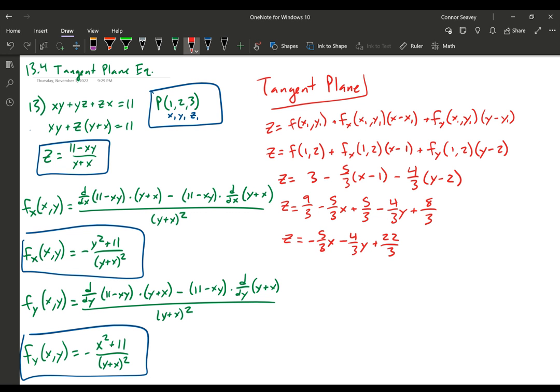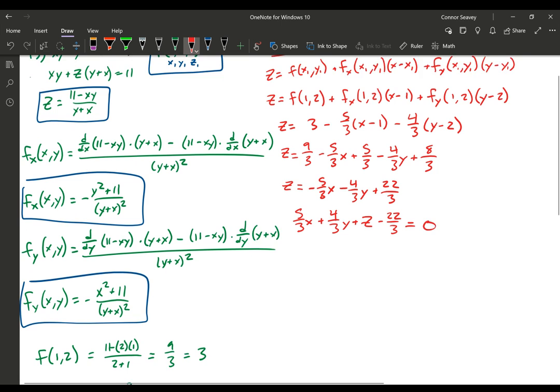And so to rearrange this just a little bit, we're going to subtract over our x and y terms here, and our constant there. We're going to get 5/3 x plus 4/3 y plus z minus 22/3 equals 0. And there is our tangent plane equation.